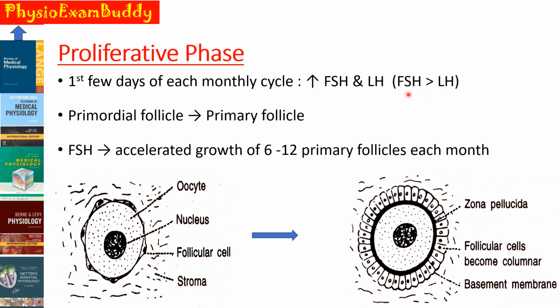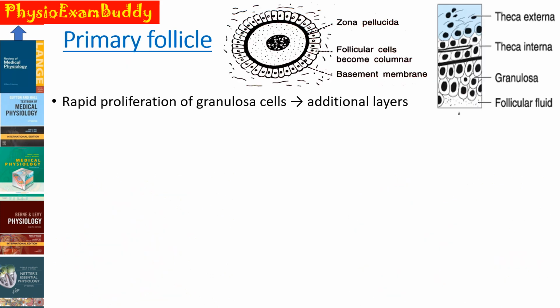Whenever there is an increase in the follicle stimulating hormone, the primordial follicle present since puberty, which is surrounded by a single layer of granulosa cells, will get converted into a primary follicle in the proliferative phase. By the action of FSH, there will be accelerated growth of around 6 to 12 primary follicles each month. So the conversion of primordial follicle to primary follicle is the proliferative phase, and it happens because of the effect of the hormone FSH.